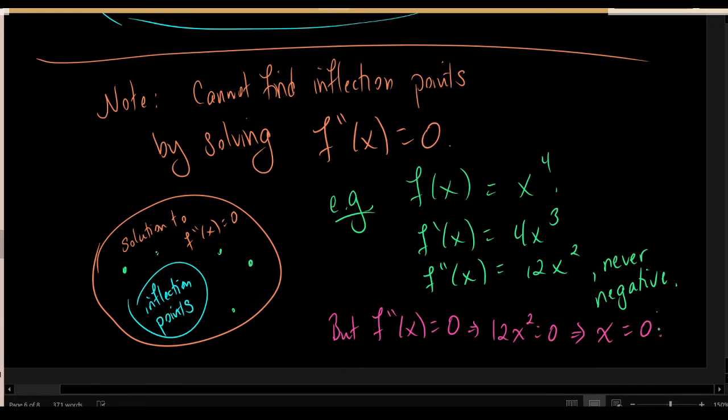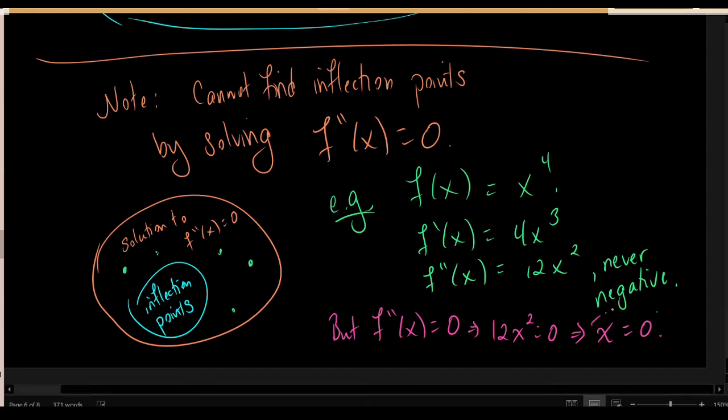So this would be an example of a point which makes f double prime equal to 0, but which is not an inflection point. This function does not have any inflection points because it is never concave down.